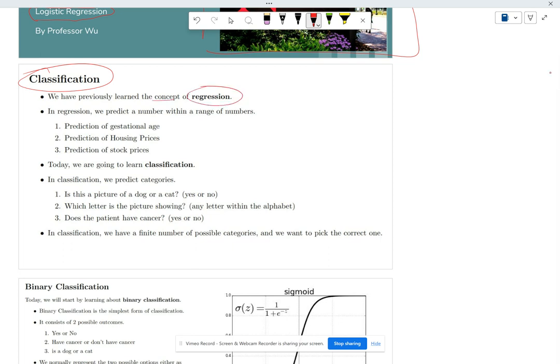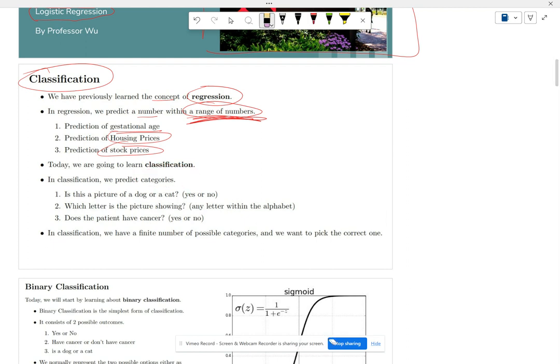In regression, we're predicting some number within a range of numbers, like the age of somebody, the housing price, the stock price. Today, we're going to transition into classification. In classification, instead of predicting a specific number within a range, we are predicting categories.